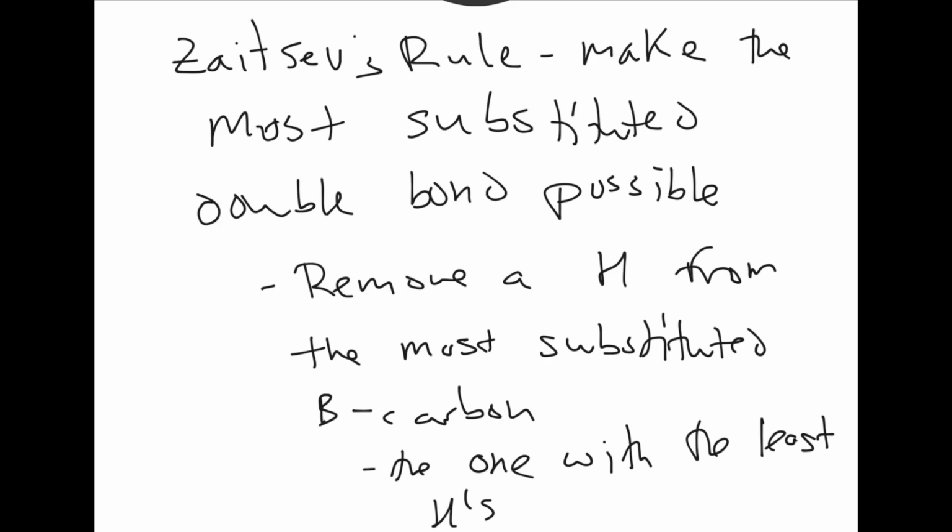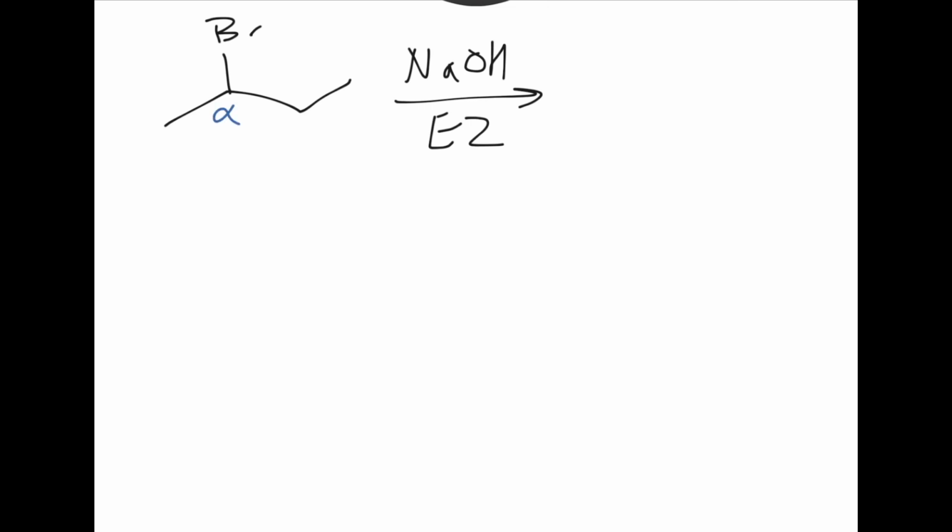So, right, our first example, you have your alpha, beta 1, beta 2. Beta 1 has 3 hydrogens, beta 2 has 2 hydrogens. So you're going to make your double bond towards beta 2. And that's going to be the product that you expect.